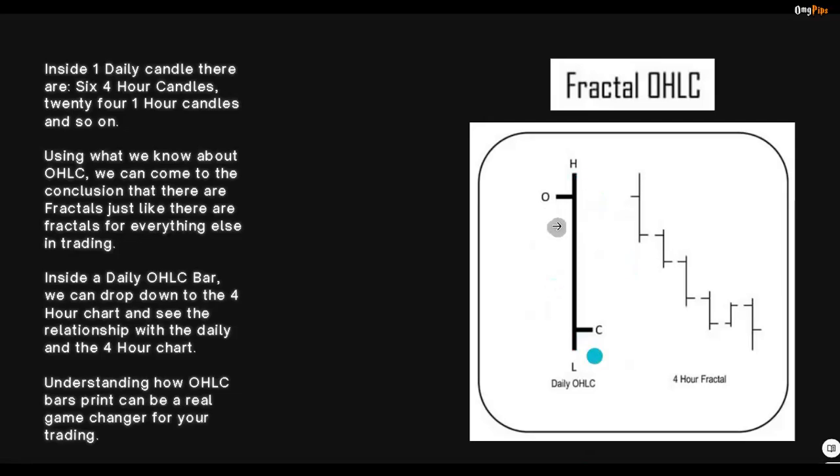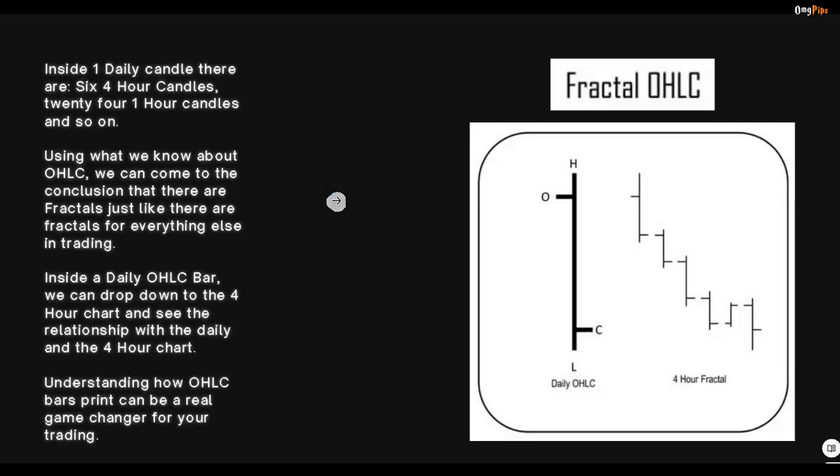Inside one daily candle, we have 6 4-hour candlesticks. This is what is called the 4-hour fractal, meaning when I say 4-hour fractal, I mean the 6 candlesticks that are within the daily candlestick. Does that make sense?